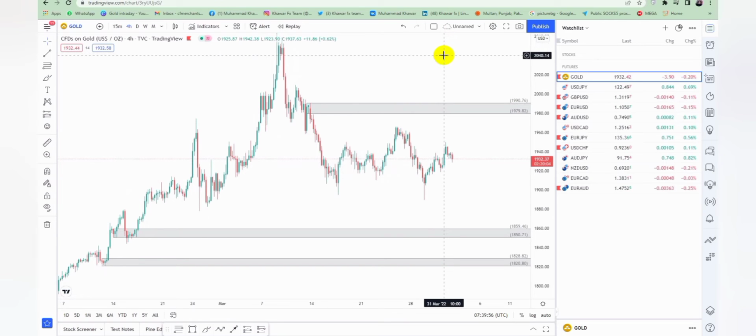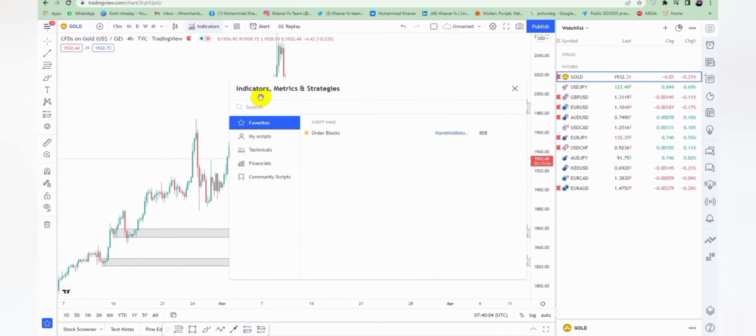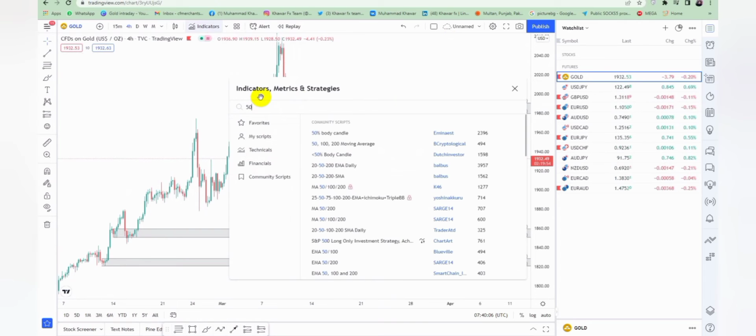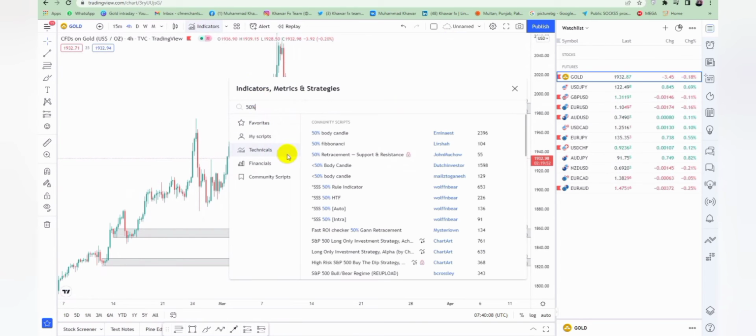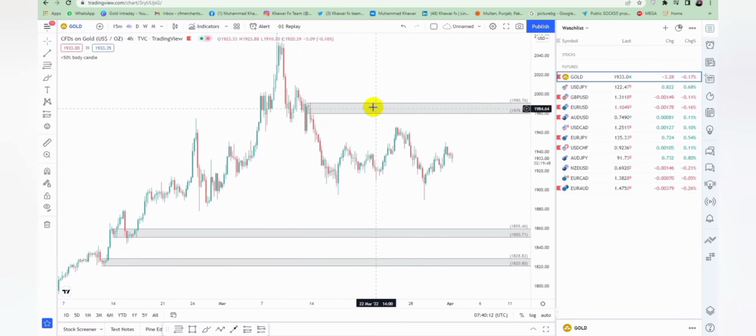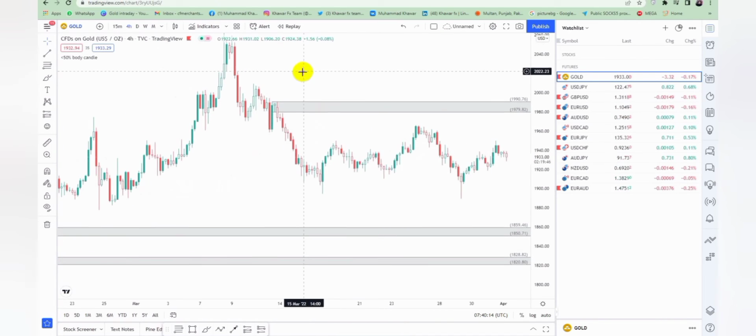Now moving towards our chart, I will let you verify how it can work. So this is, as already seen on your screens, decision points we have: rally, base, drop. If you don't understand, you will search 50% body candles in your search.